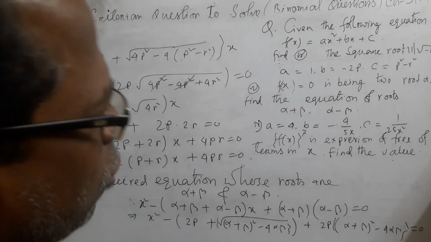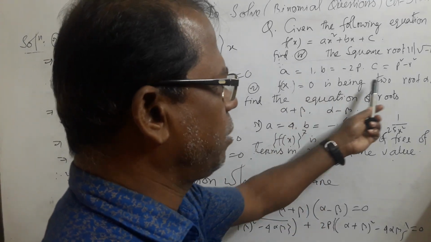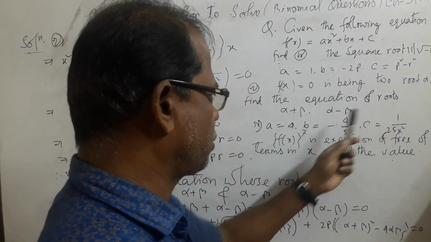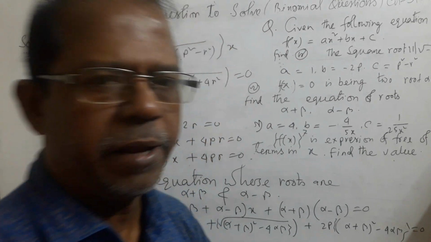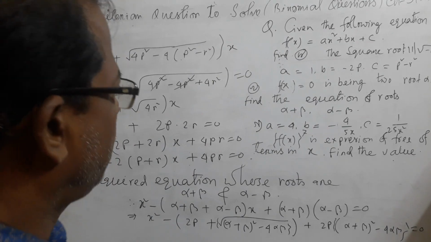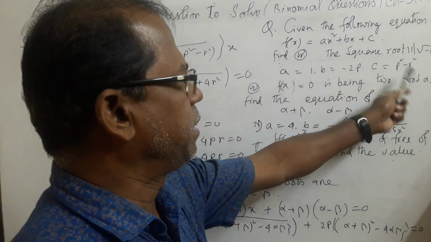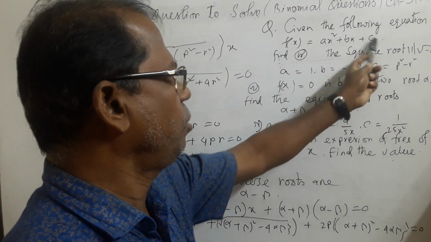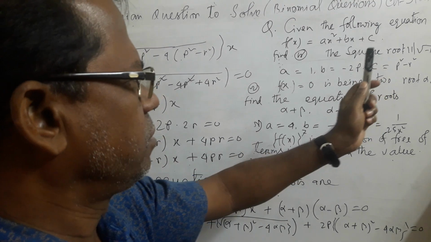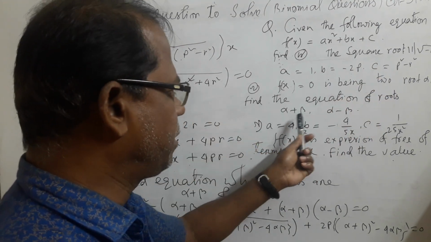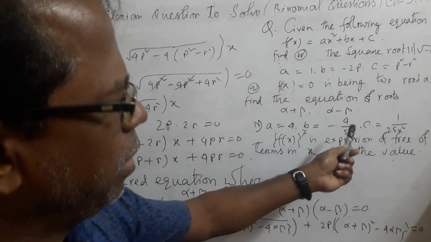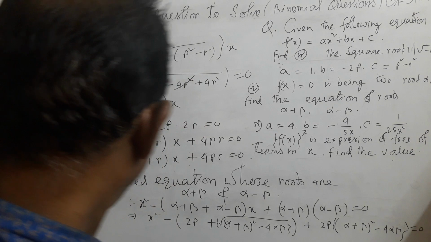So in this question, f of x equal to 0 has two roots alpha and beta. Find the equation with roots alpha plus beta and alpha minus beta. Firstly, you have to use alpha plus beta equal to minus b by a, alpha beta equal to c by a. So it is the relation of roots and coefficients. Then find the value of alpha plus beta and the value of alpha minus beta, then the equation.